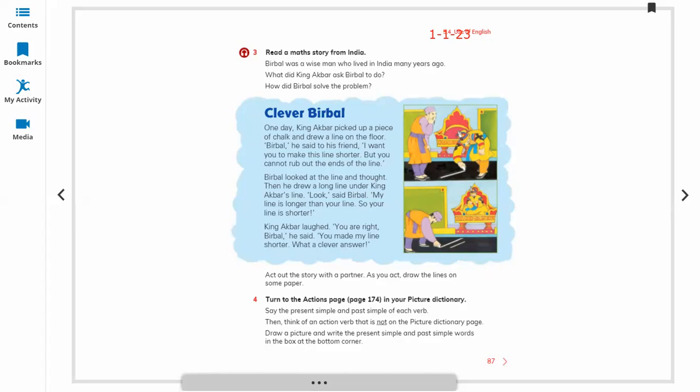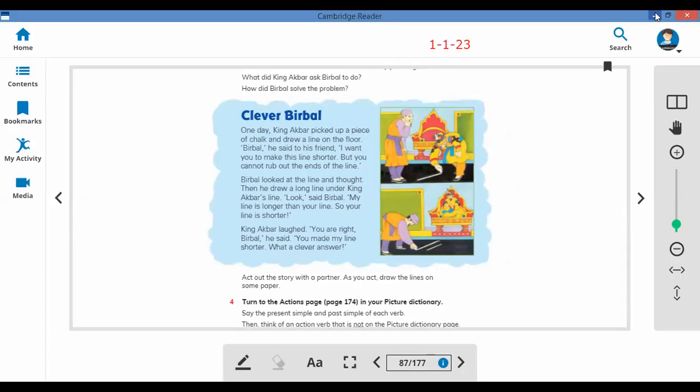Let's write the questions in the notebook because the answers are a little bit big, so they will not fit in the book.